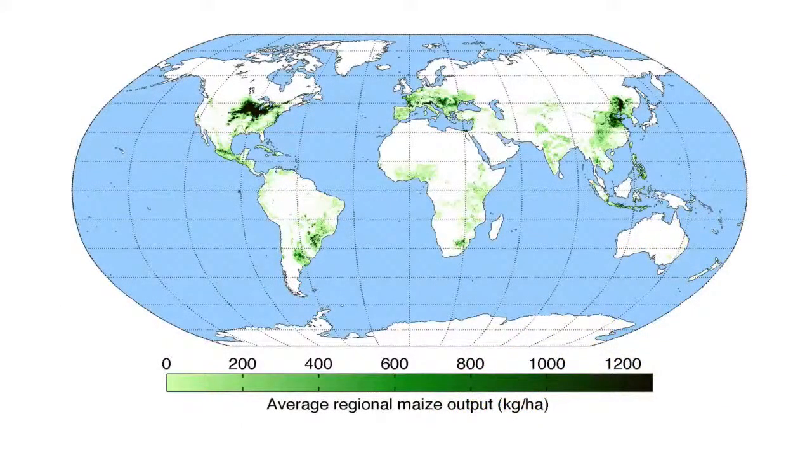In some of those areas, the cost of production, how much to produce, average maize output in kilograms per hectare: the highest, which you can see as very dark, is in the United States, Europe, China, and Brazil. These are the countries which produce more.